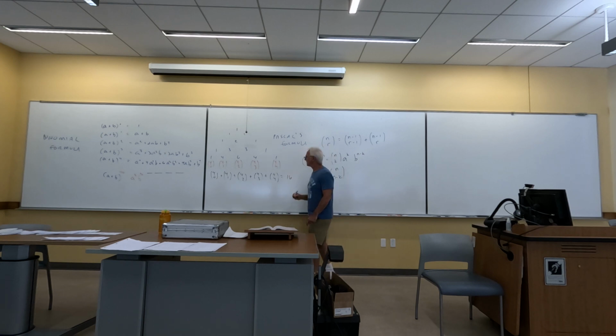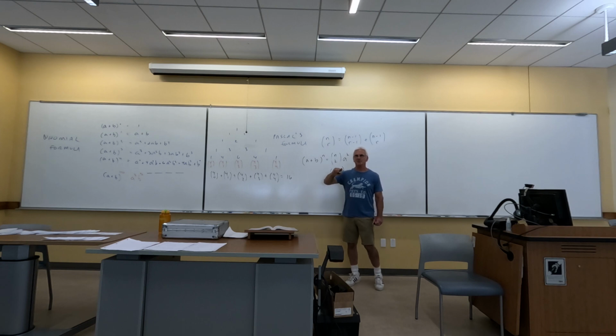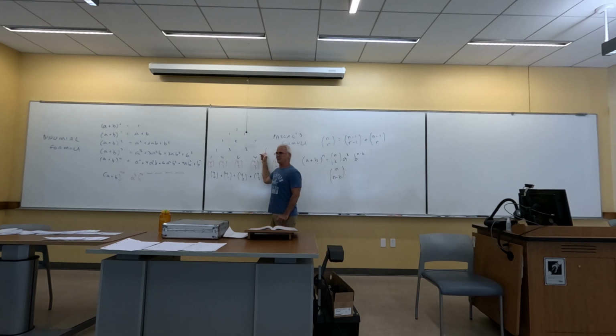I get 16. Oh, that's interesting. I added up the numbers in the a plus b to the 4th row, and I got 16. What does this row add to? 8. 4, 2, 1, 2 to the 0, 2 to the 1, 2 to the 2.